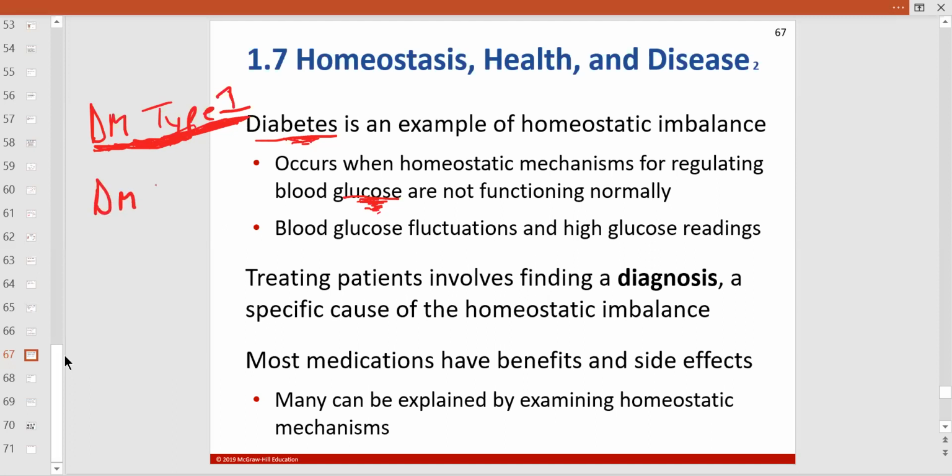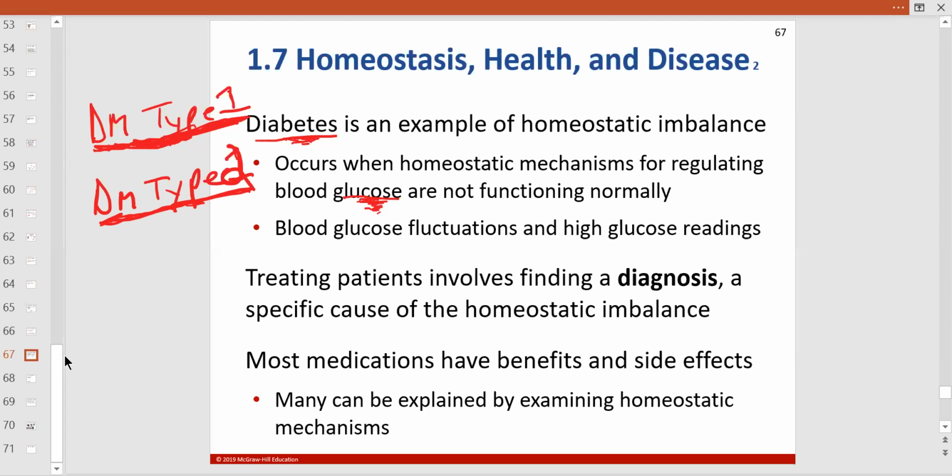Mellitus means sweet. So back, again, 100 years ago, they probably used to taste the urine to see if it was sweet, and they would call it diabetes mellitus. So type 2 is you can make insulin, you just can't use it. And this is more typically older people, overweight with metabolic problems like obesity or heart-related conditions, bad diets, bad lifestyle, going to Popeyes every day, going to Dairy Queen every other day.